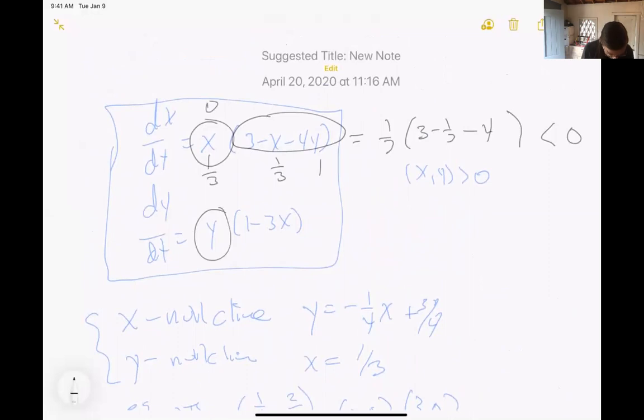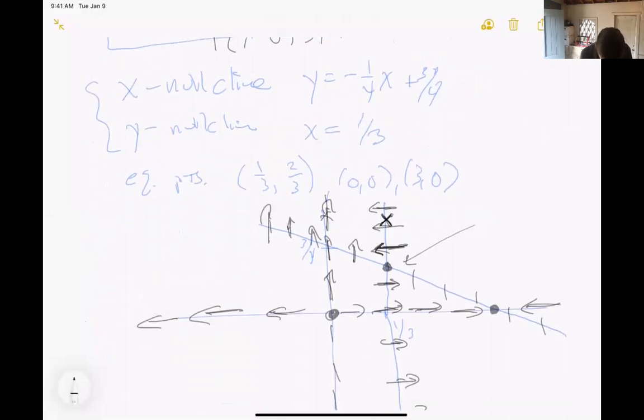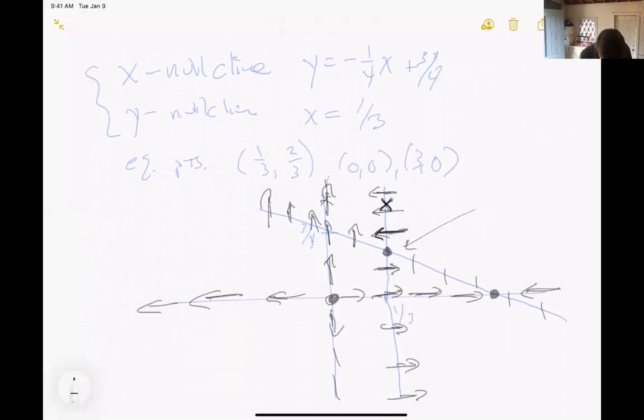Down here in the next equation, we get 1 times 1 minus 0, which is just 1, which is positive. So at that point, things point up, up, up, up. That means they go up here, and then they probably flip. So if I had to guess, I would say the origin is a source.